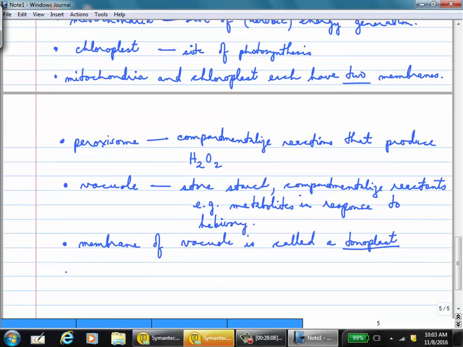Now another type of organelles that you will find in plants are called glyoxysomes. These actually carry out the metabolism of a compound called glyoxylate.